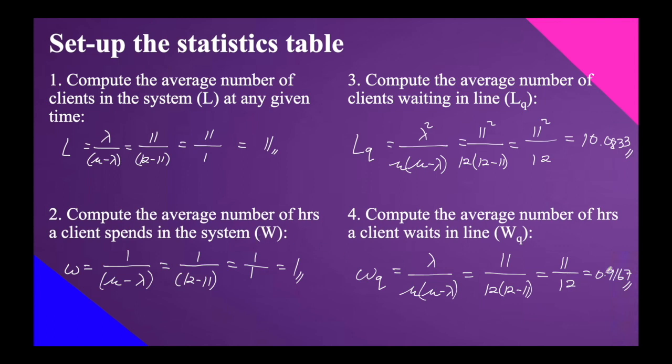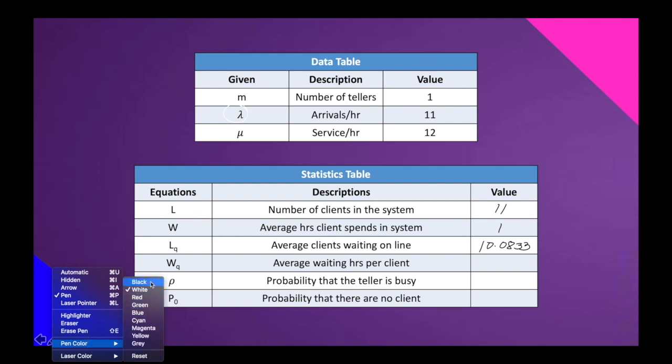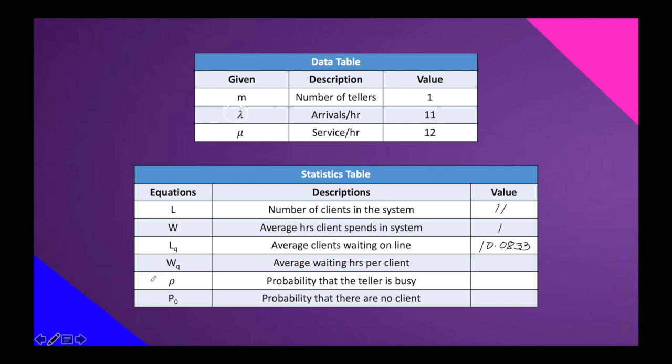So, kapag itong sagot nyo sa number 4 naging mas malaki compared sa number 2, magtaka ka na. There's something wrong with your formula or baka naman doon sa inyong solution. So, laging mas malaki yan si number 2, dahil buong system yung tinatanong niya. Okay, anyway, let's have this answer sa ating statistics table. So, isulat natin, dahil nandito yung mga summaries natin. 0.9167.